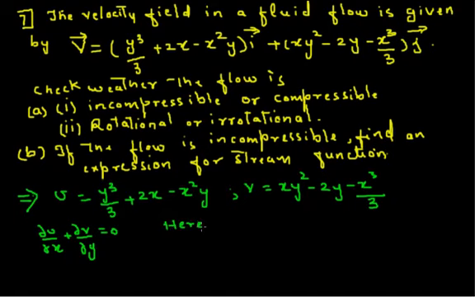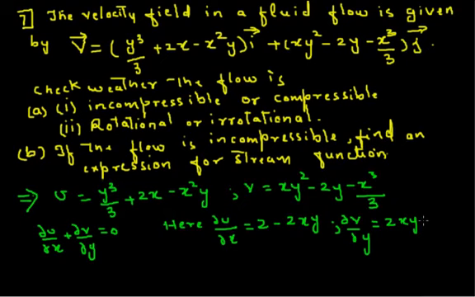Here we have del u by del x, differentiating u with respect to x, we would get 2 minus 2xy, and del v by del y, if we differentiate this v with respect to y, we would get 2xy minus 2.